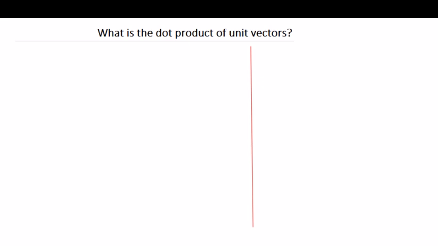The title of this lecture is what is the dot product of unit vectors. Now, first we want to discuss dot product for two general vectors.